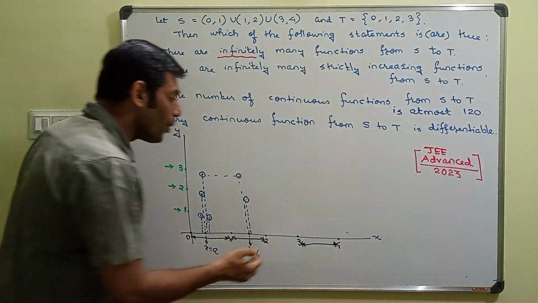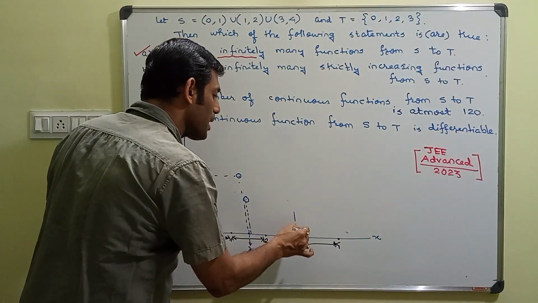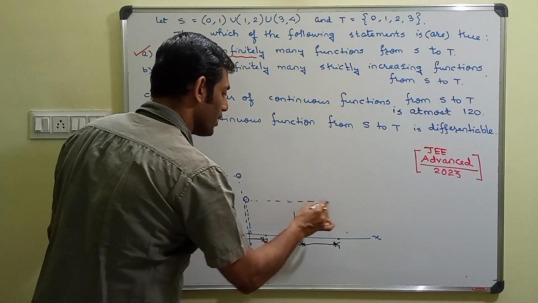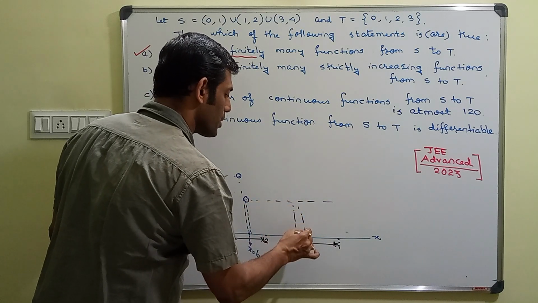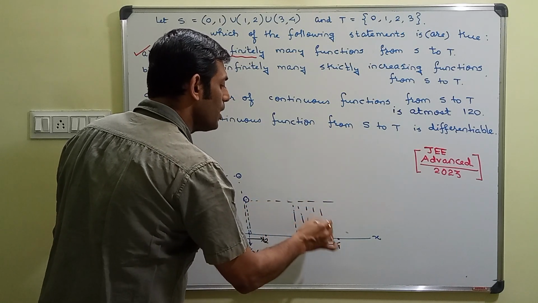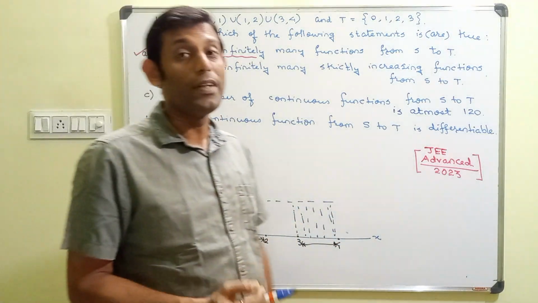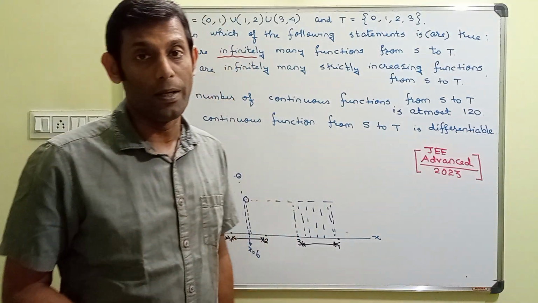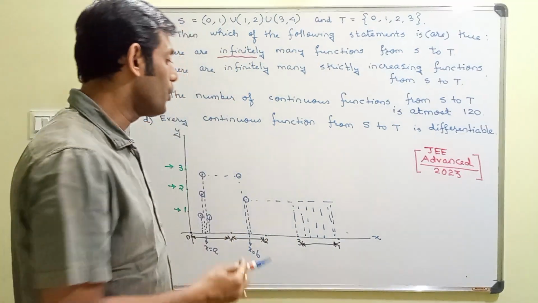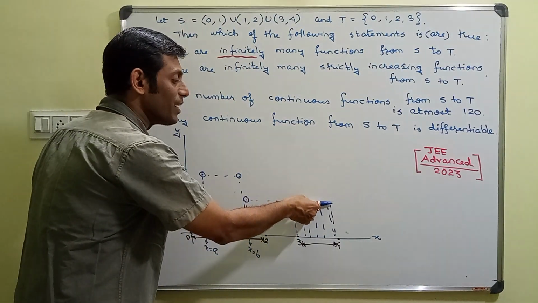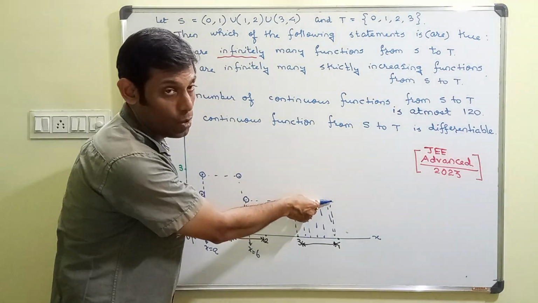Even if you keep all the domain values at the same level, still it's not an increasing function. So I can say out of infinitely many functions that are possible, some of them are going to have a stagnating value of outcomes or outputs.